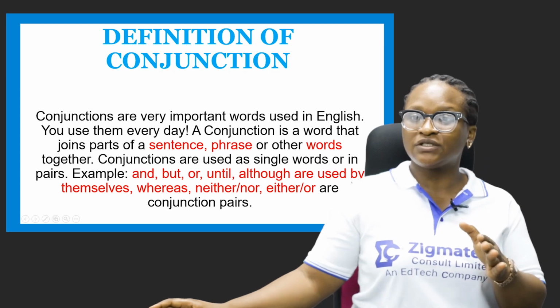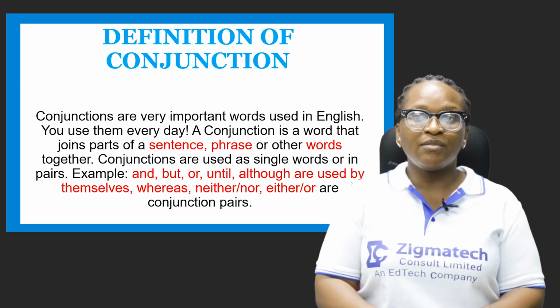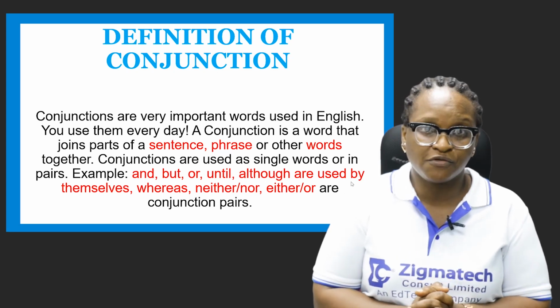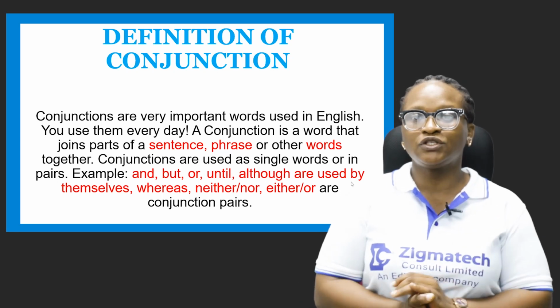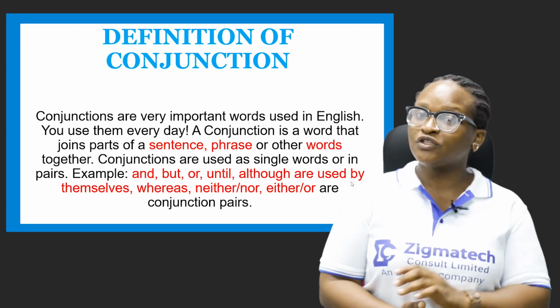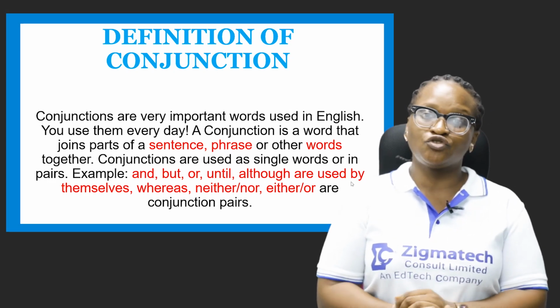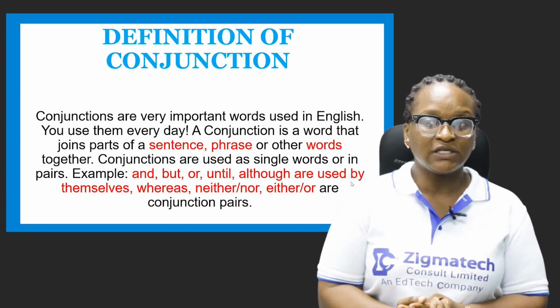So we said that conjunctions are very important words used in English. You use them every day, and that's just the truth. There is no day that you don't use conjunctions. Now tell me, have you not used and today? Have you not used but today? Have you not used your because? Have you not tried to show the reason for something and you find yourself using because?